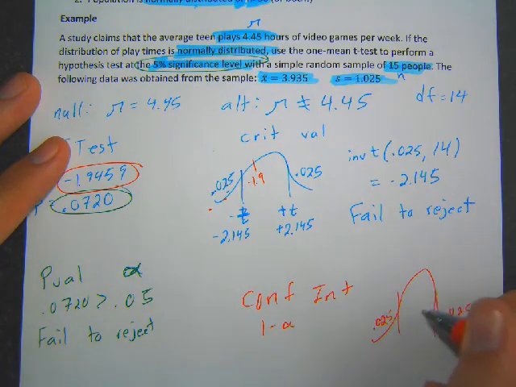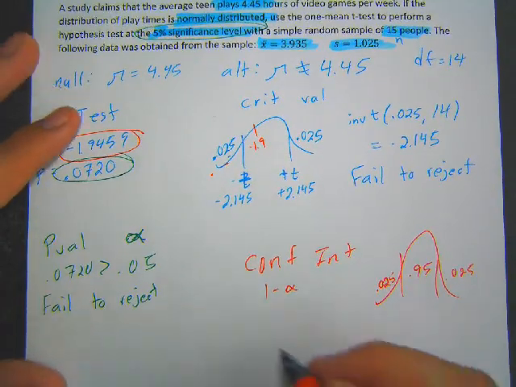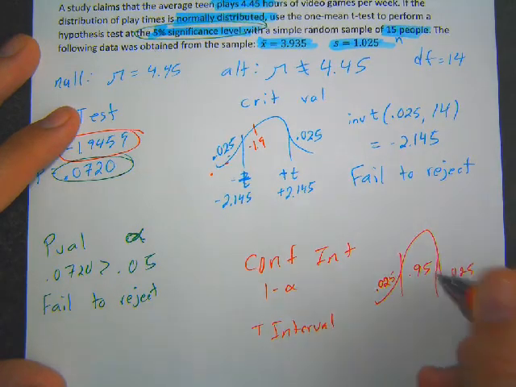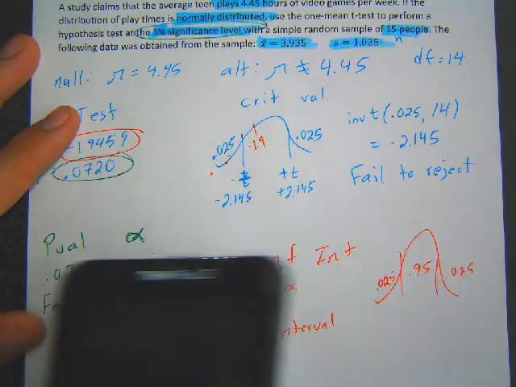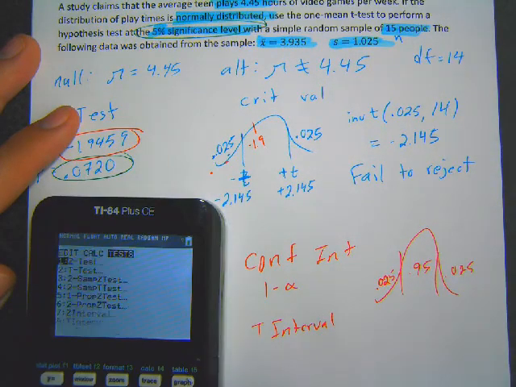And so the middle region, take away 5%, you're left with 95%. So we're going to be doing a 95% confidence interval. So I'm going to do T interval. So let's do that one. Stats, T interval.